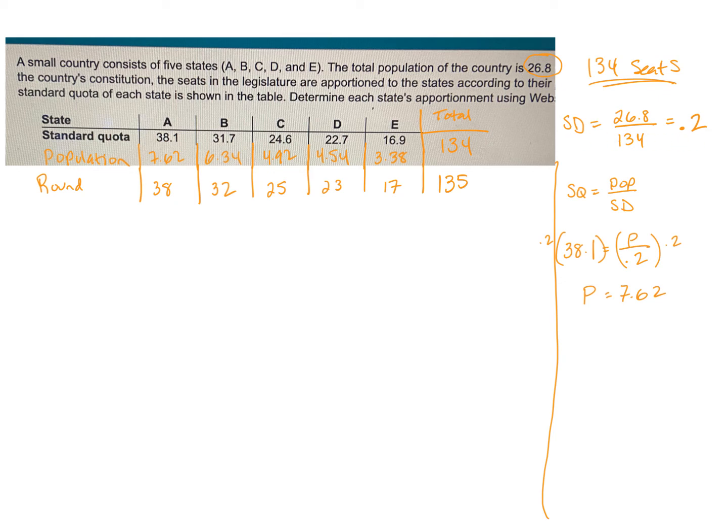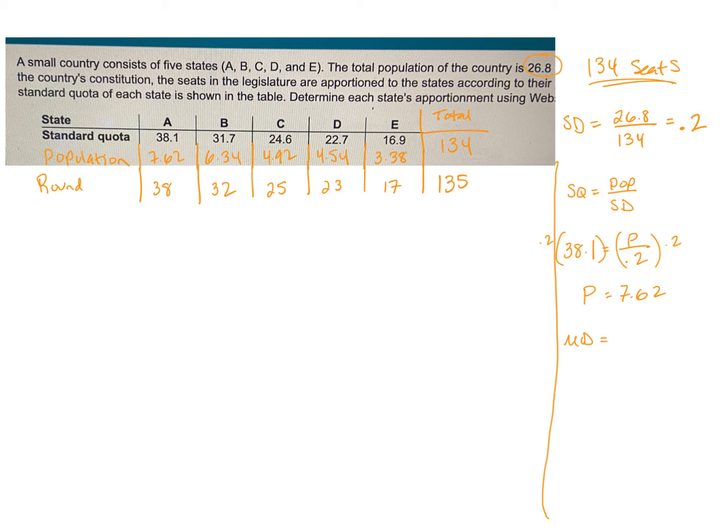So I'm going to use a modified divisor. And the standard rule for your first guess is to change your divisor by 0.5% for each seat you are off. I'm off by 1 seat. I gave out 1 too many. So I want to make this 0.5% bigger. I do 0.005, that's 0.5%, times 0.2, and I get 0.001.